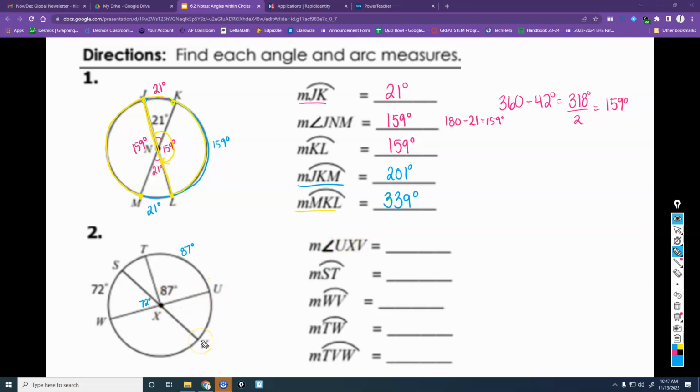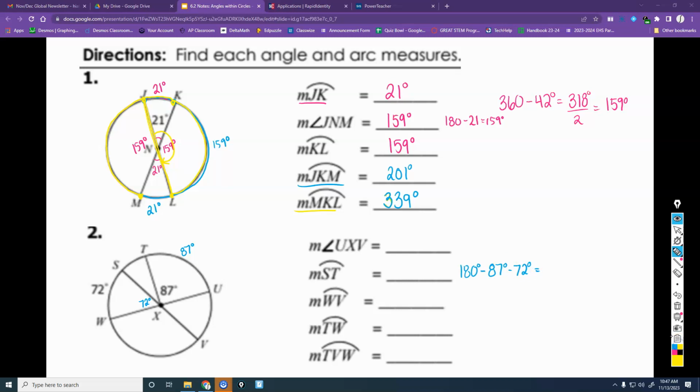UXV. Oh, gosh. That's not that easy to find. Let's go down and do ST first. ST, right here. We've got to figure out what that is. Any ideas? Or how we could find it? 180 minus 87 minus 72.